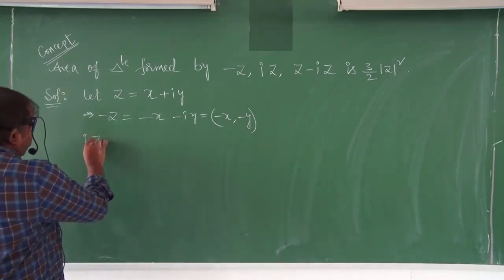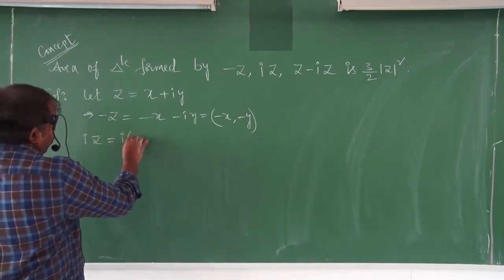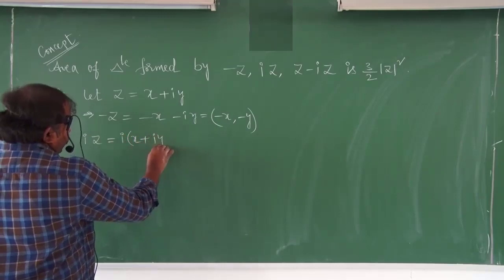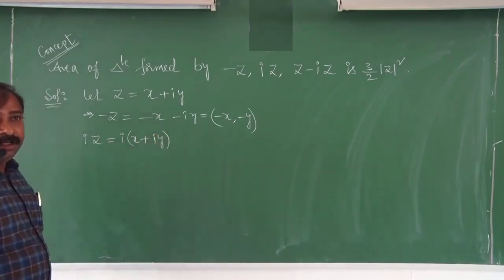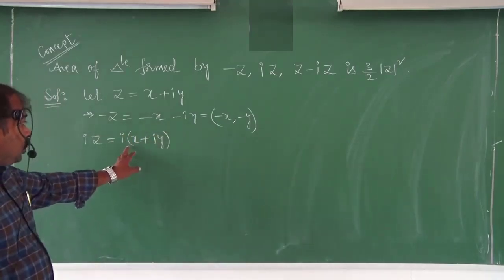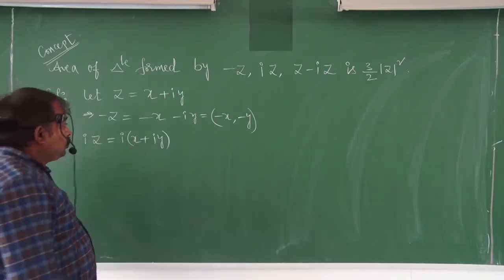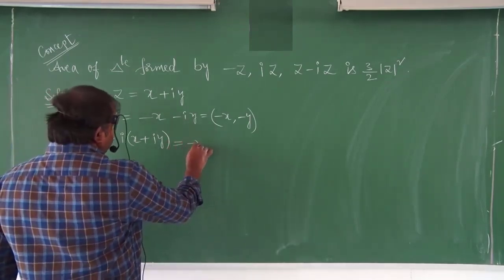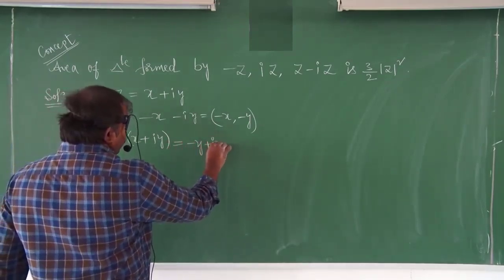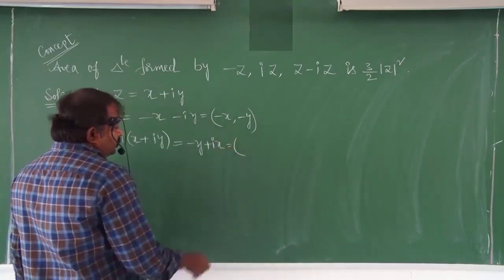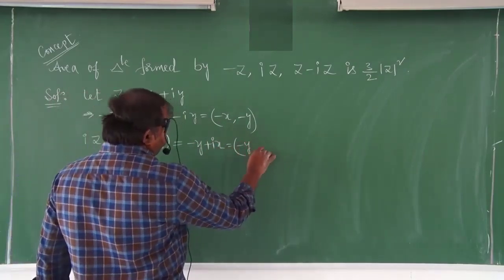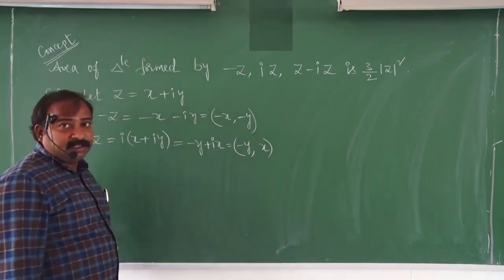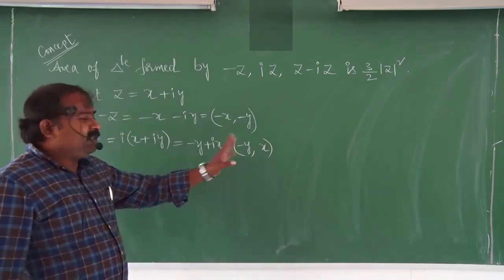Next IZ. IZ is equal to i into x plus iy. If I multiply with i, i square gives minus 1, so I get minus y plus ix, which in point form I can write as a real value and an imaginary value.